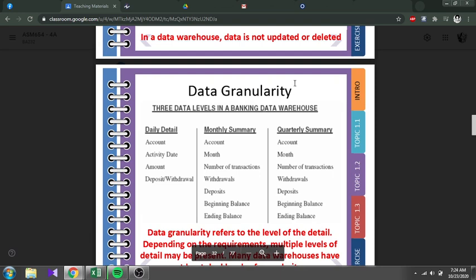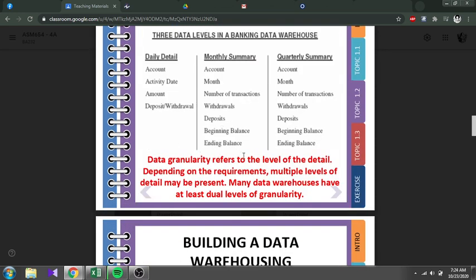Okay, next one kita move, I think the last one on these features of this data warehouse, about data granularity. So this granularity refers to the level of the detail depending on the requirement. Also multiple levels of detail may be present. Many data warehouses have at least dual level of granularity.